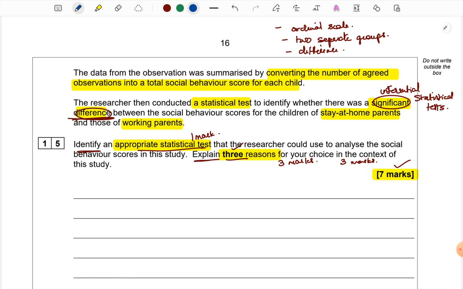Okay, so first I will name. Again, organization is such, whatever they have asked first, answer that first and answer in accordance with the command term. They have not asked you to explain what a Mann-Whitney U test is, so just name the test. So we can write an appropriate wording I'm using from the question itself. Statistical test would be the Mann-Whitney U test.